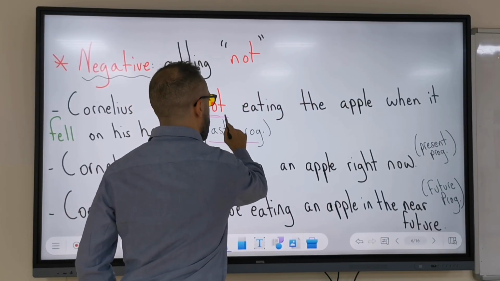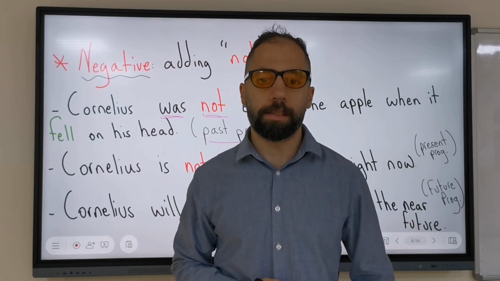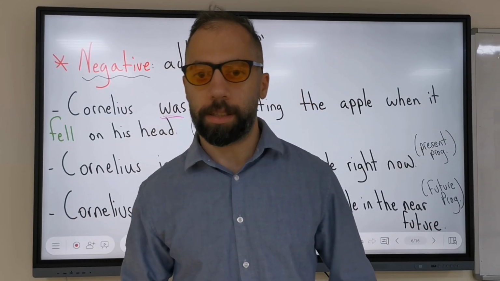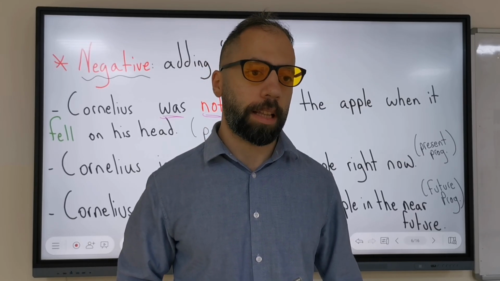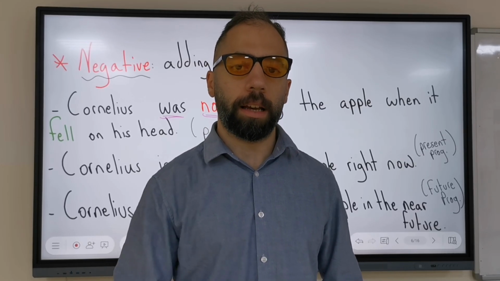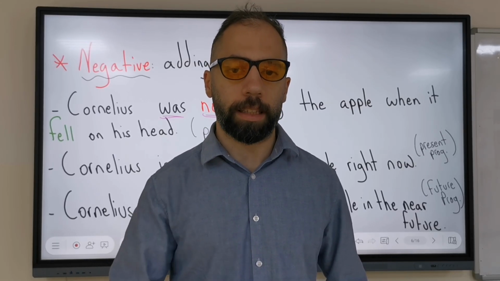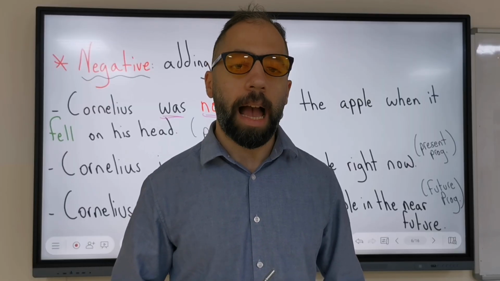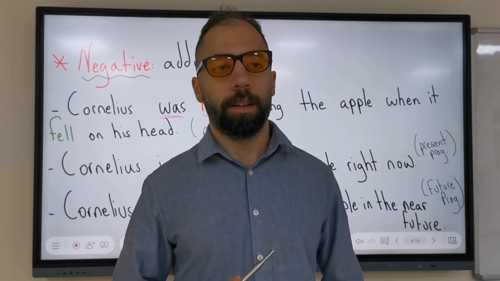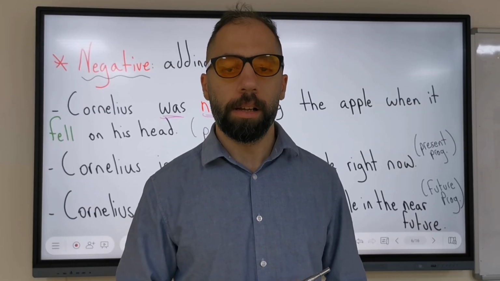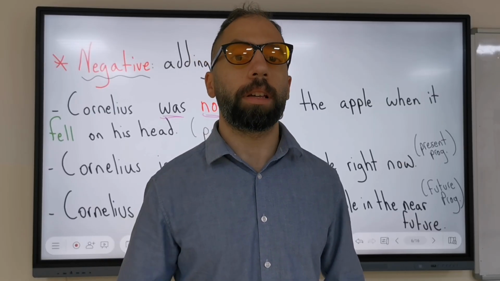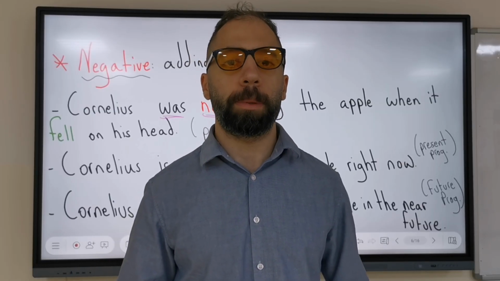He wasn't eating the apple. And then the apple fell on his head. The action that's happening first will be in the past progressive, but the action that interrupted the first action will always be in the simple past.